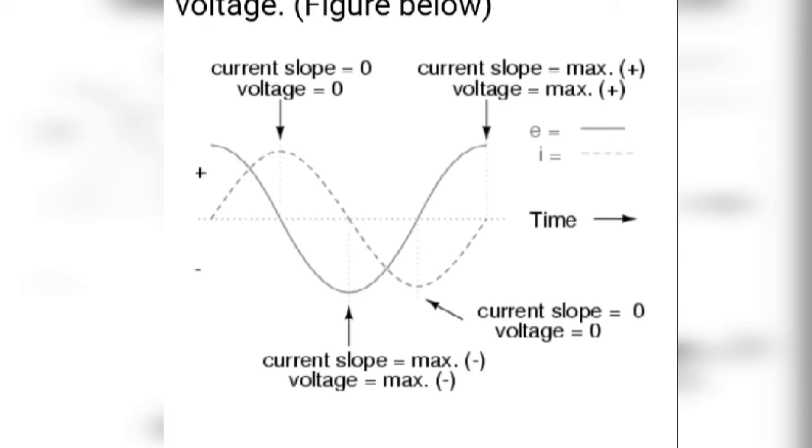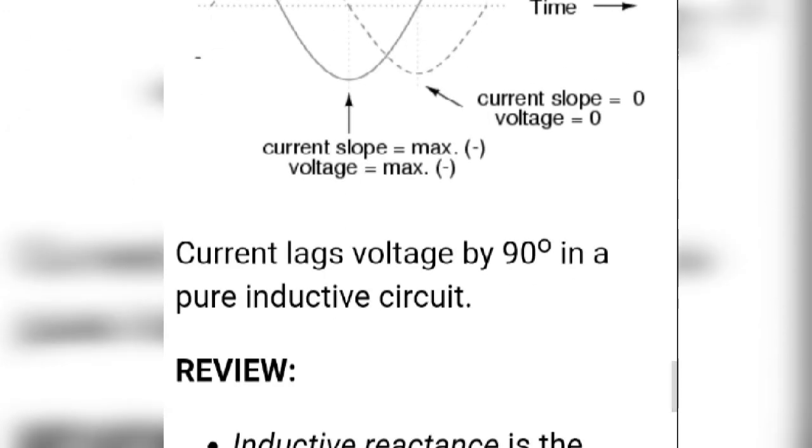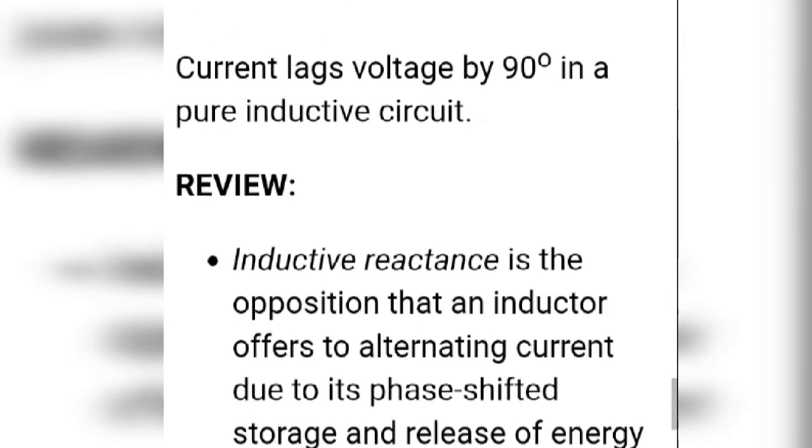This picture clearly shows the current slope at a peak is zero, and at the negative peak the slope is zero as well. The current lags the voltage by 90 degrees in a pure inductive circuit.